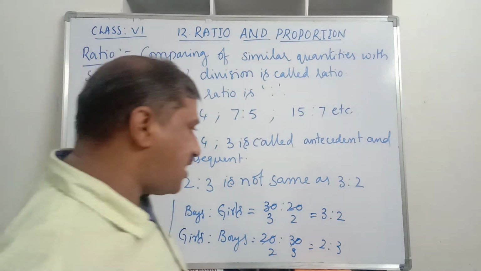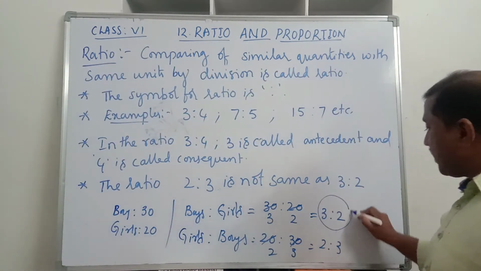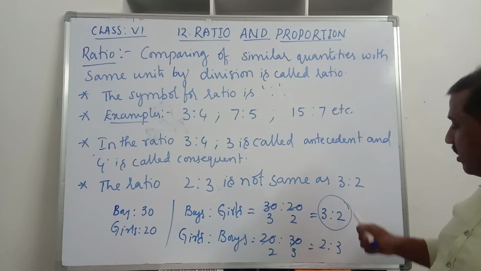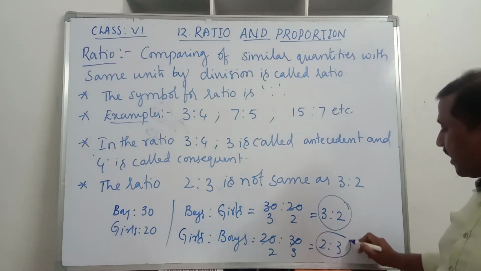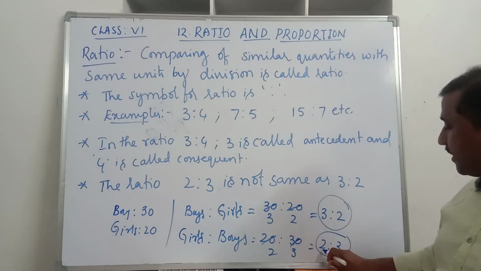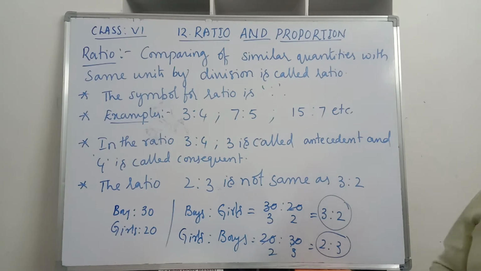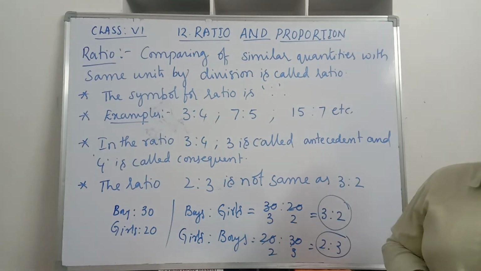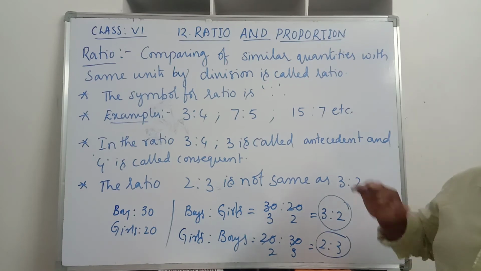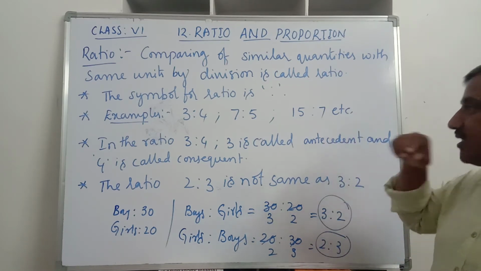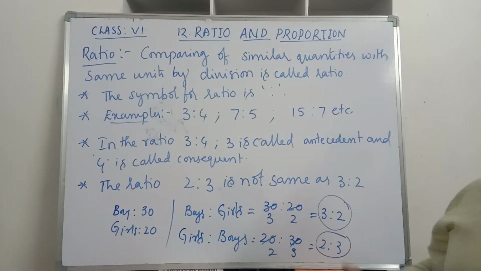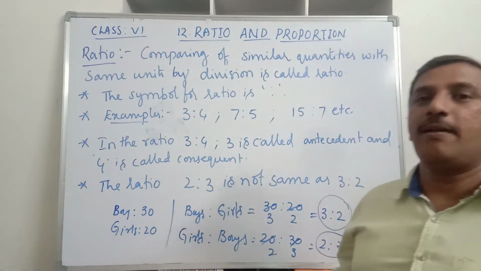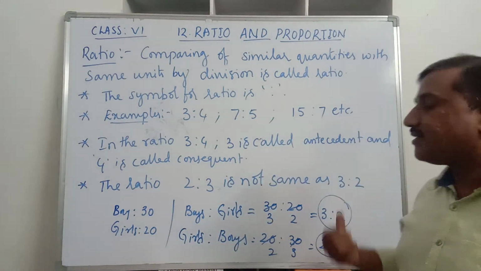Now, if you observe, the ratio 3:2 is the ratio of boys to girls, and 2:3 is the ratio of girls to boys. Therefore, we can say that 3:2 is not the same as 2:3. These ratios can also be expressed in the form of fractions, which we will discuss in class 7.